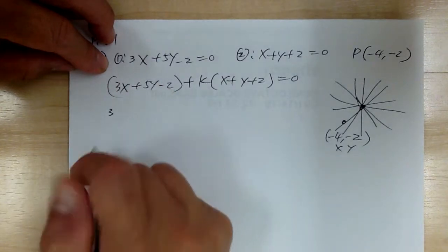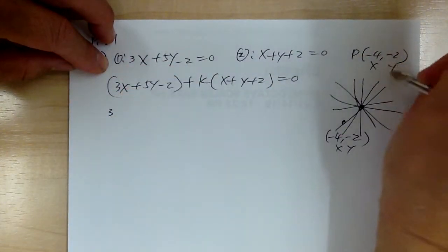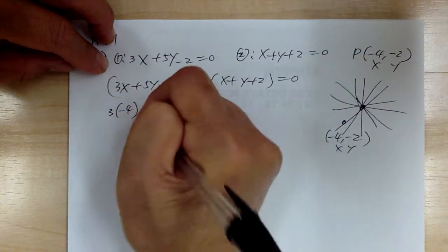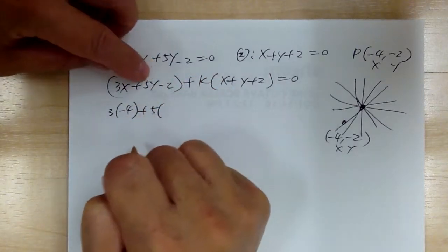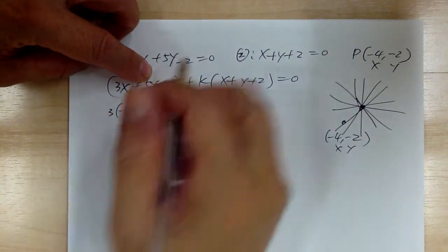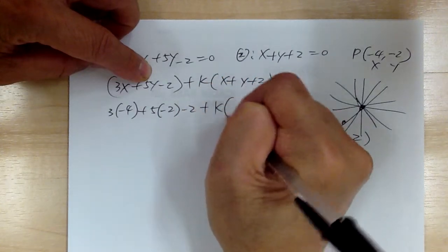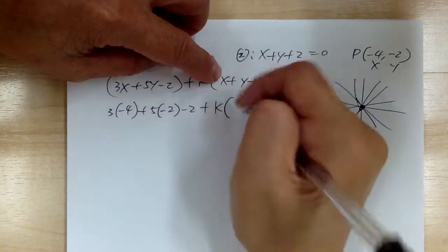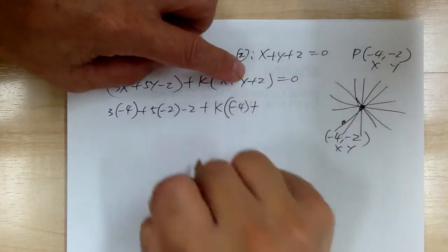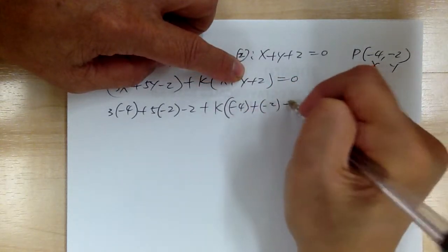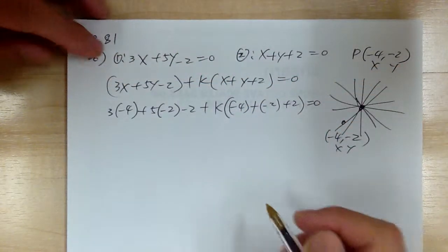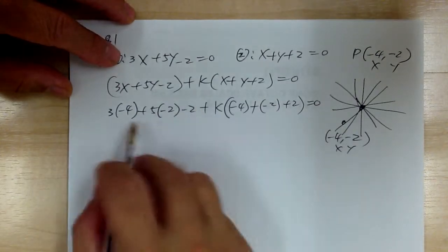So I got 3, so that's your x and the y, times -4 plus 5 times -2 minus 2 plus k times x is -4 plus y is -2 plus 2 equal to 0, right? So I can go and substitute and work it out first.